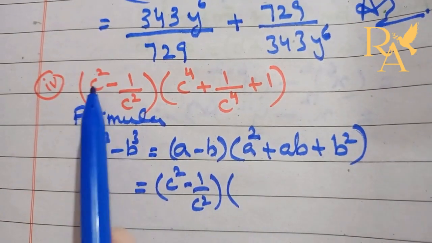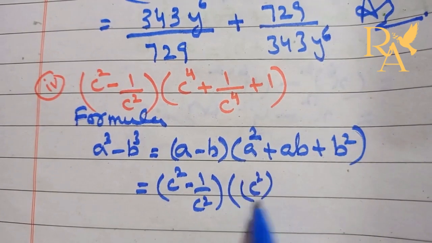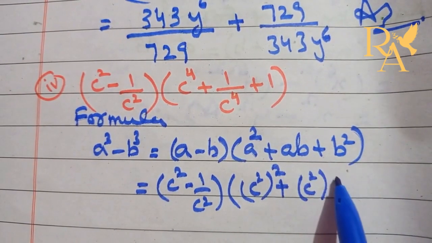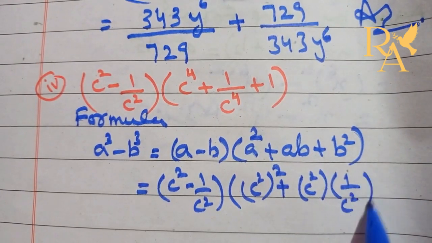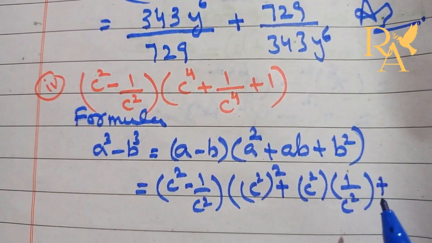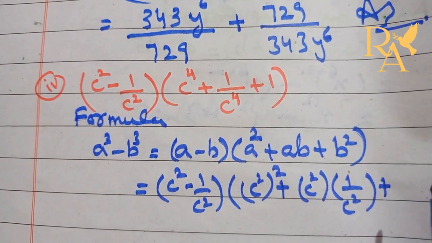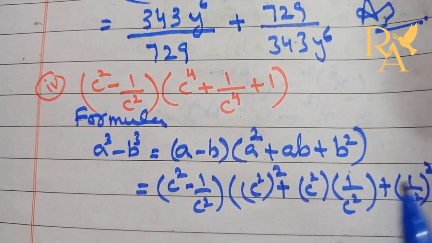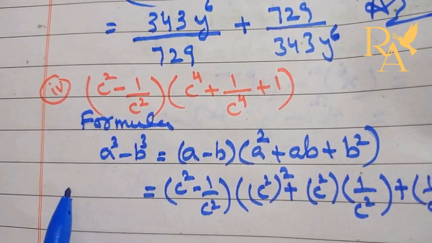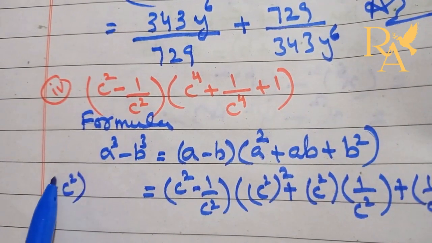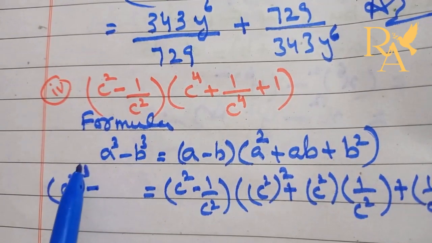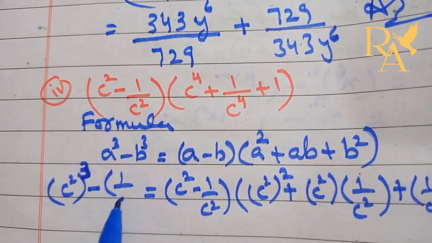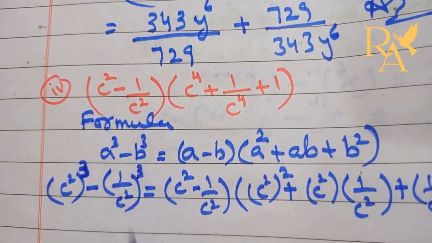The value of a is (c²)² plus c² into 1/c² plus the value of b, (1/c²)², and the value of a is again (c²)³ minus the value of b, (1/c²)³.